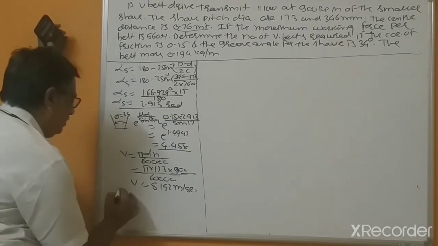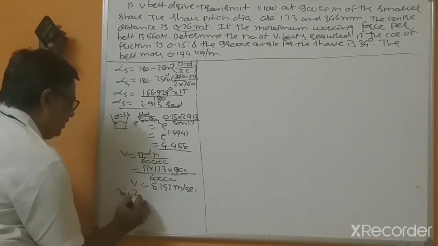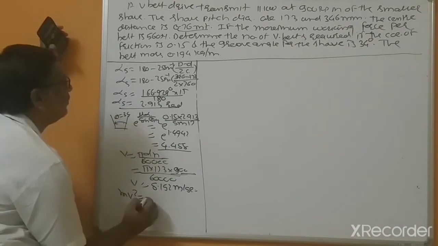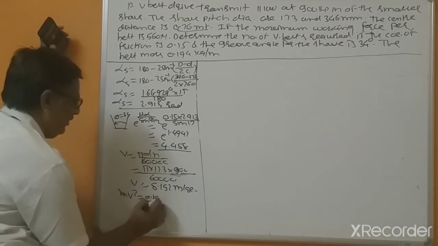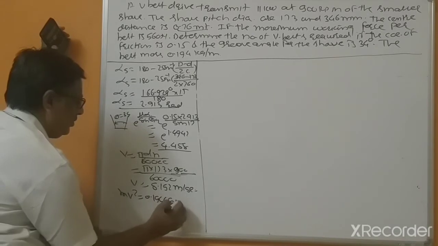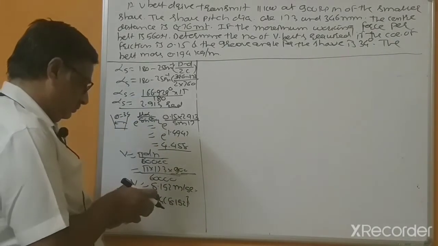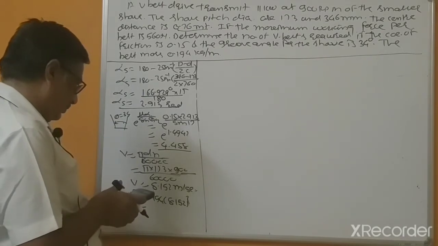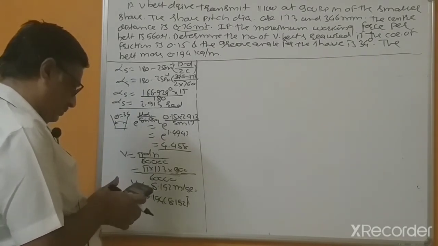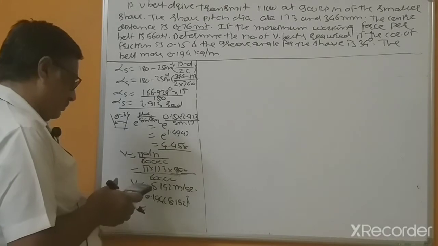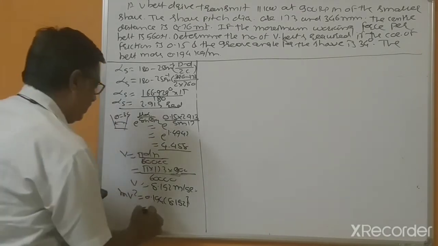And m v squared is 0.194 times 8.152 squared, which is 12.893.